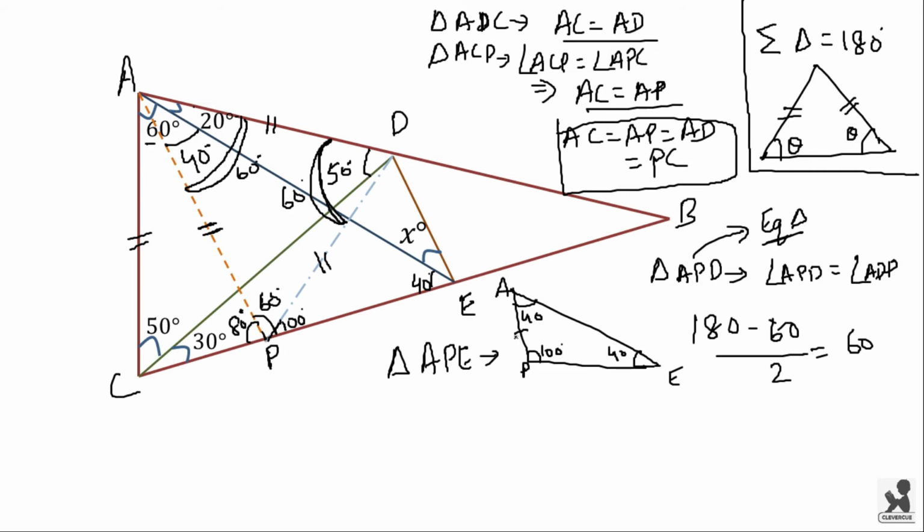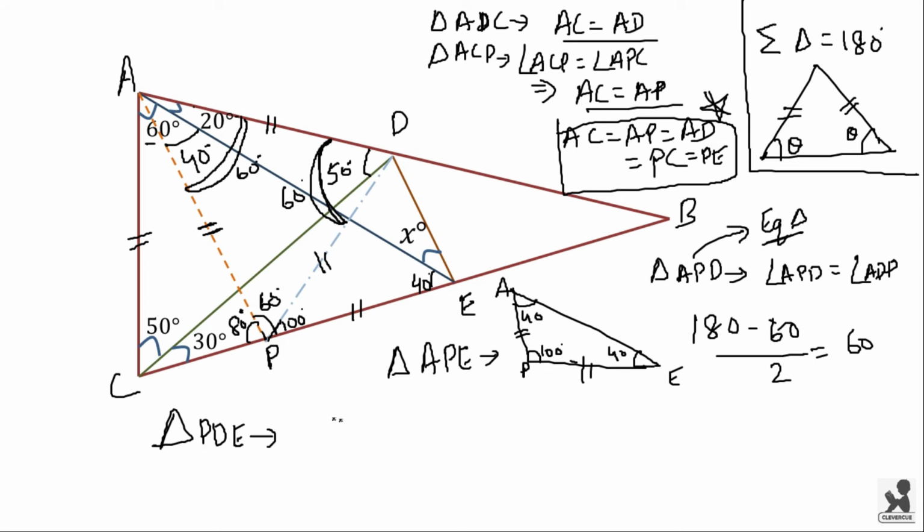From this we can get AP is equal to PE. So we can add the line PE over here. Now we have found that PE is equal to PD. So let us consider triangle PDE.